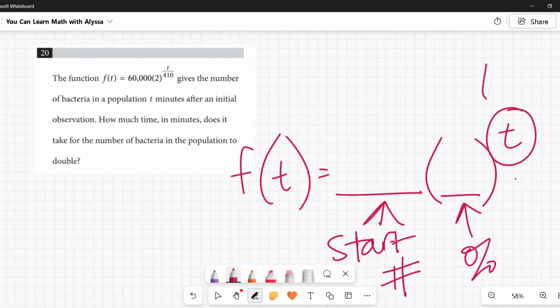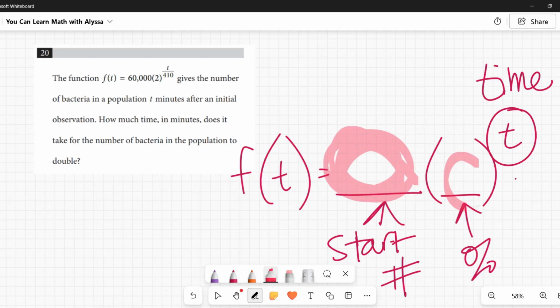And up here, your exponent is going to have to do with your time. It might be in years, it might be in minutes or seconds, it might be a fraction. But that's the location of the three main parts of this equation. You have to have the starting number, the number of things you started with. You have to have how much it's increasing each time, and then how many times you're having that increase.